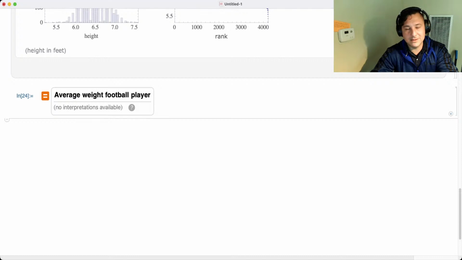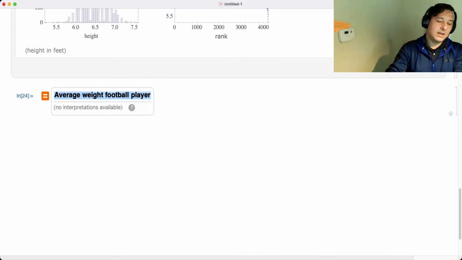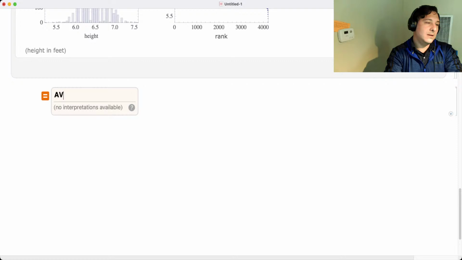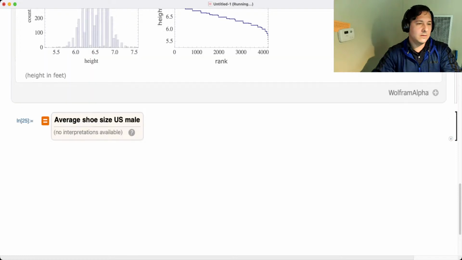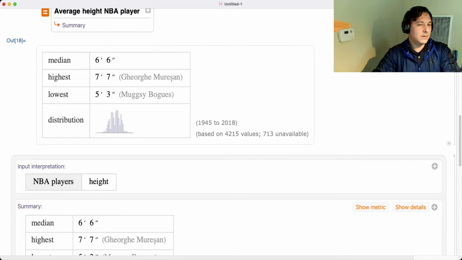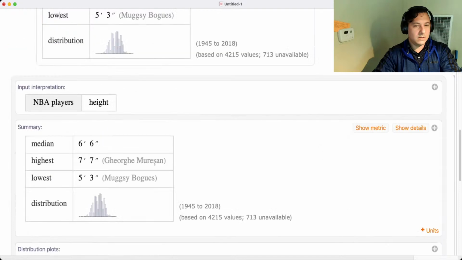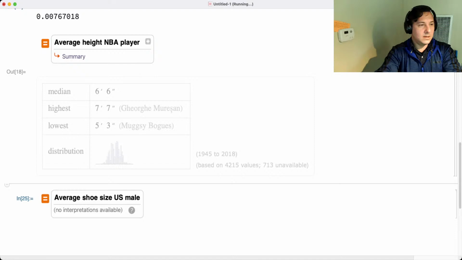Okay, let's try something else. Let's not do wingspan. I want something cool. Average shoe size US male. See if it has anything for us. Okay, I don't understand, it worked once.